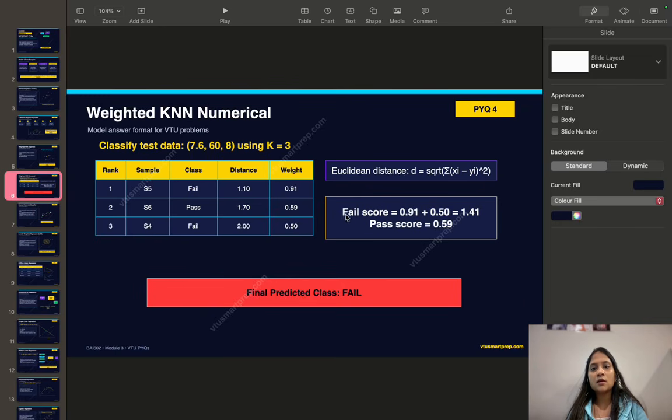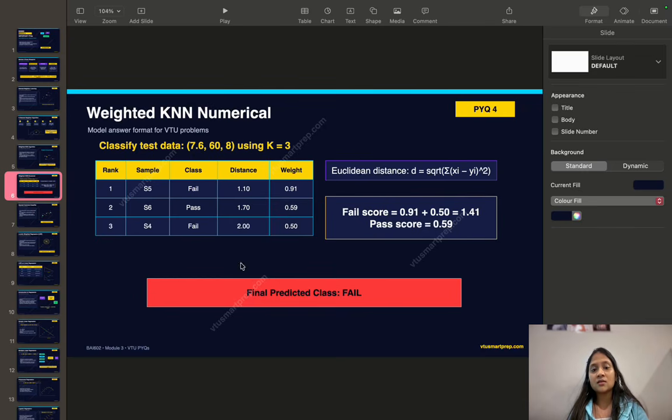Here you can see how the fail score is calculated. What is the weight? 0.91 plus, this is fail, and the fail class is there, and one pass class you have. So 0.91 plus 0.50 equals 1.41 for fail, and for pass you have only one value, 0.59.